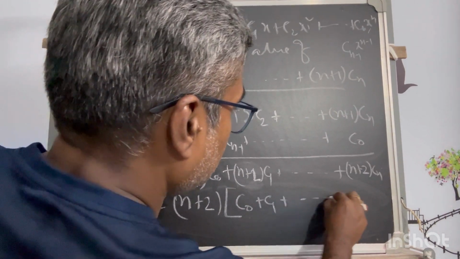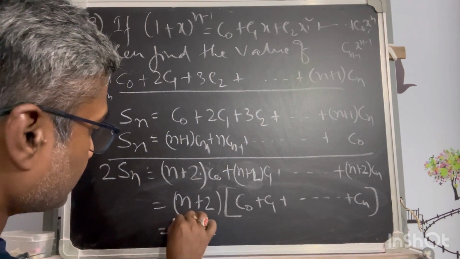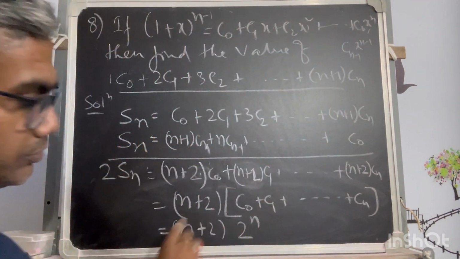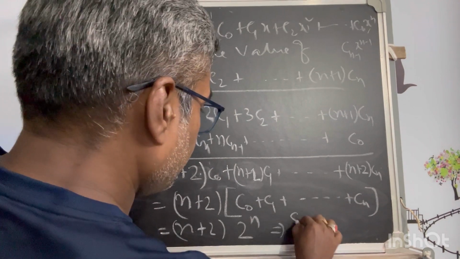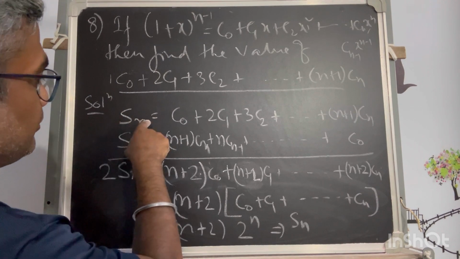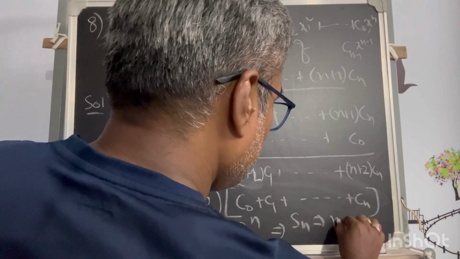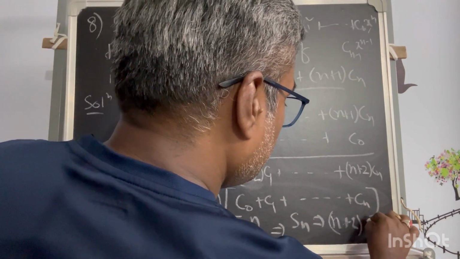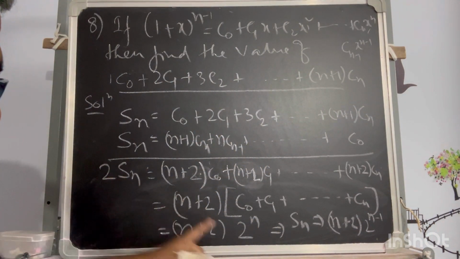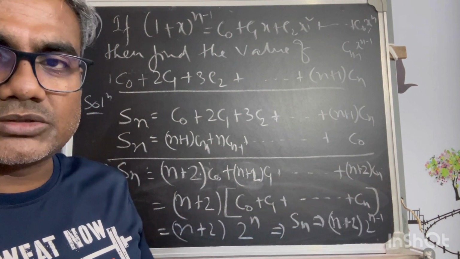C0, C1 plus dot dot dot Cn. So what is that? This is 2 to the power n, because if I put x equal to 1 here, I will get 2 to the power n. It implies that 2Sn equals n plus 2 times 2 to the power n. To get Sn, which is the actual requirement of the sum, I have to bring this 2 down, so it will be adjusted in the power: n plus 2 times 2 to the power n minus 1. So this is the result.